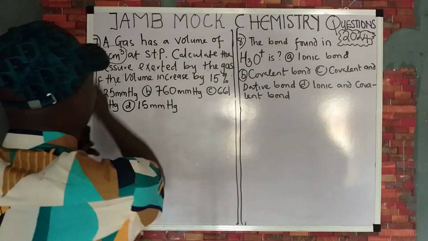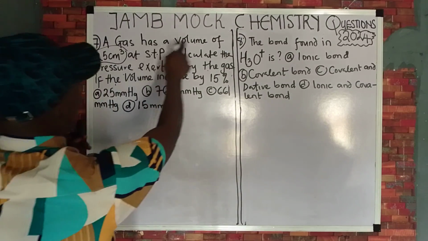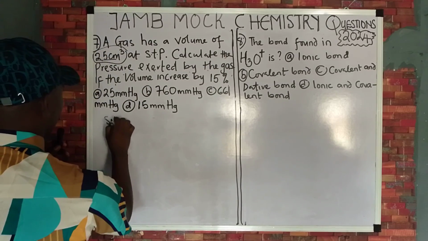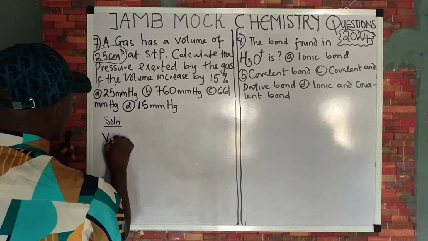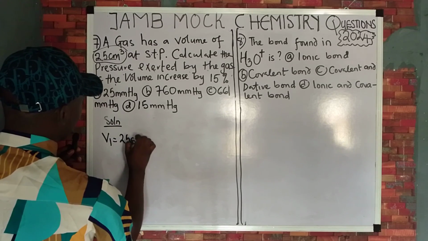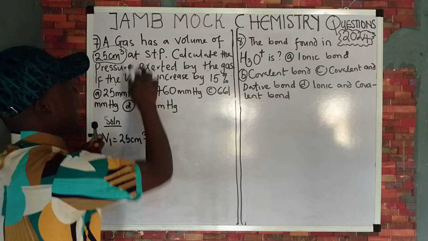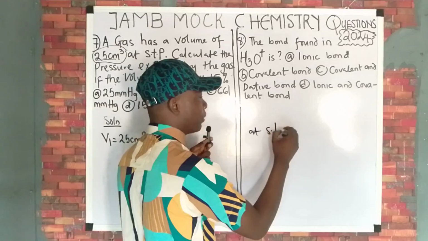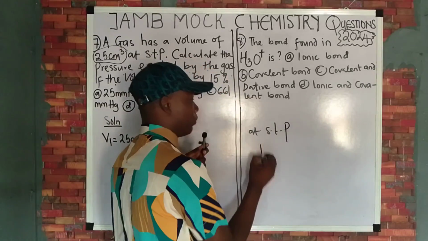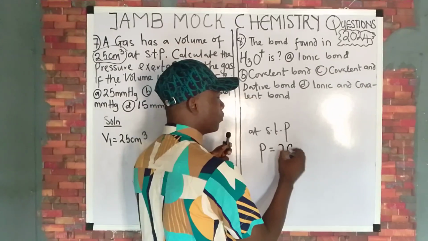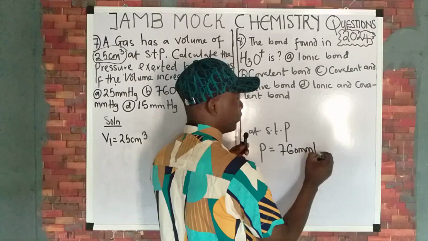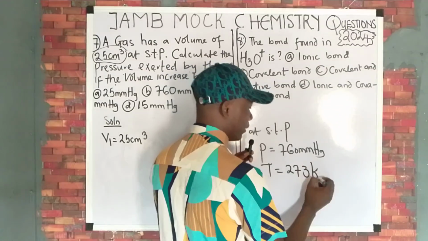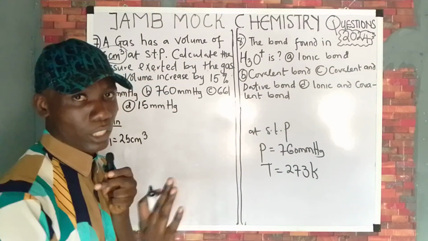According to the question, a gas has a volume of 25 cm³. So we can say that our V1 is 25 cm³ at STP. Remember that at standard temperature and pressure, our pressure is 760 mm of mercury and our temperature is 273 Kelvin. This is standard in gas laws.